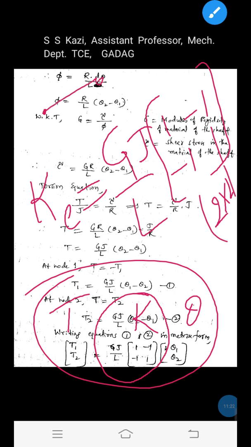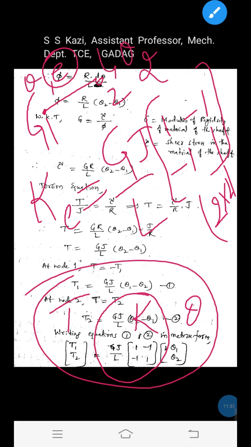because for a torsion of shaft element having two nodes, at each node there is only 1 degree of freedom, that is only one unknown, that is theta 1 and theta 2. Theta 1 is the angle of twist at node 1 and theta 2 is the angle of twist at node 2.